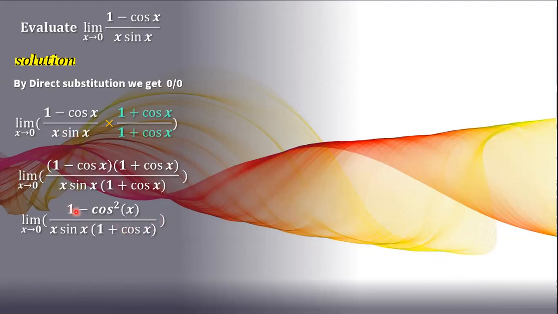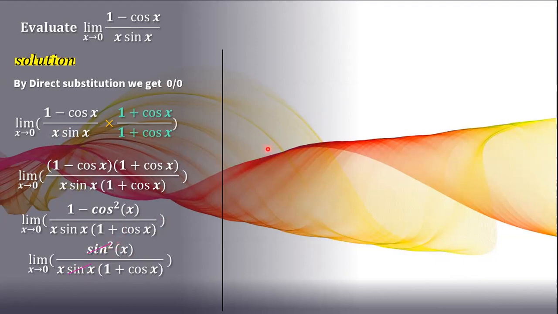Okay, 1 minus cosine squared equals sine squared. So we can divide both numerator and denominator by sine x. In the numerator we get sine x, over x times 1 plus cosine x.